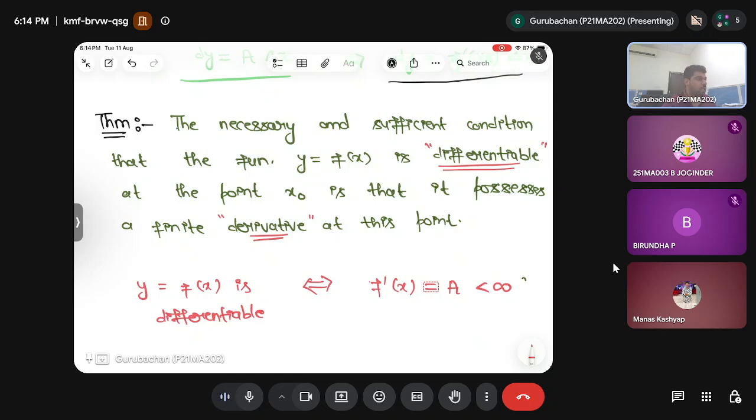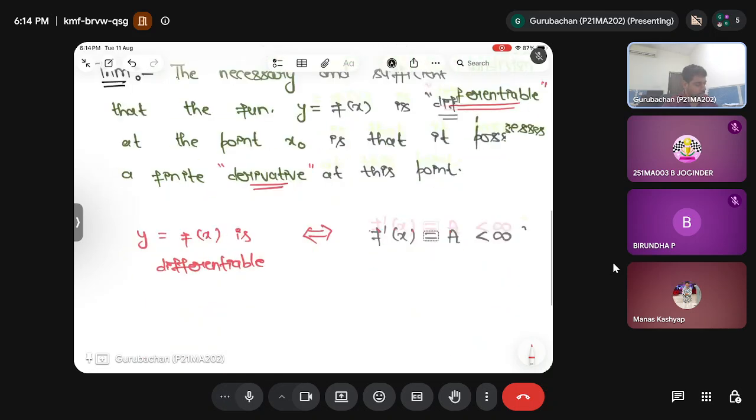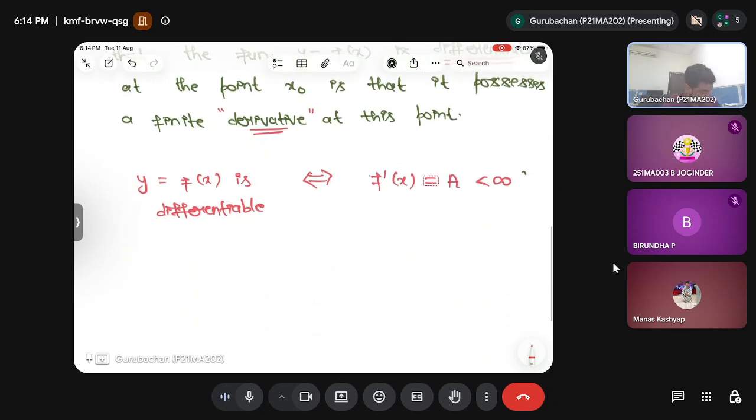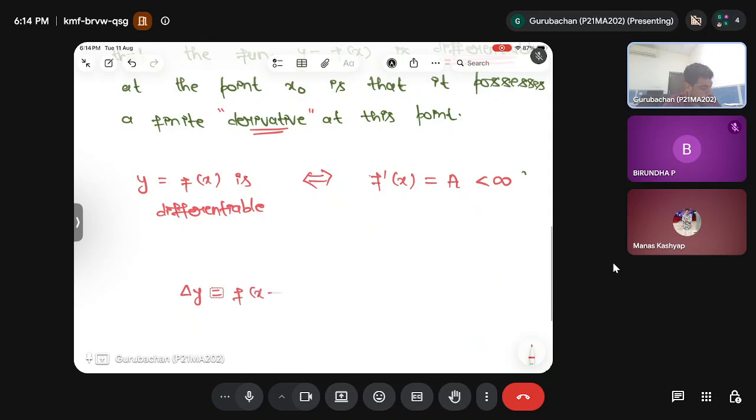Now how can we extend this to two variables? Let me just mention one thing here. Delta y means obviously the exact change in f(x) after the increment of delta x.